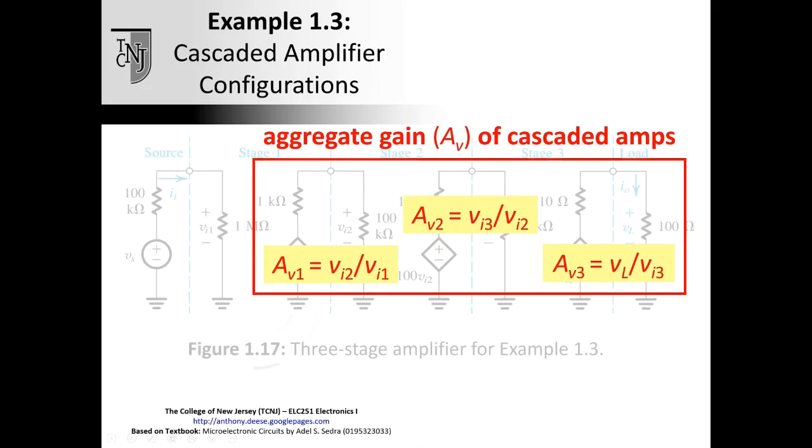So the last 3 represent the aggregate gain of the cascaded amps. Okay, you'll see that they incorporate the output stage of each amplifier. The first one is the loss of the gain at the input. All right, so how do we do this?